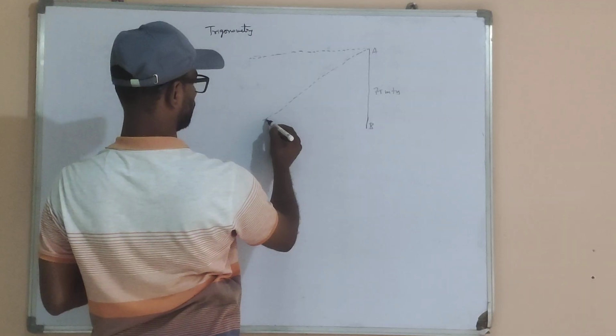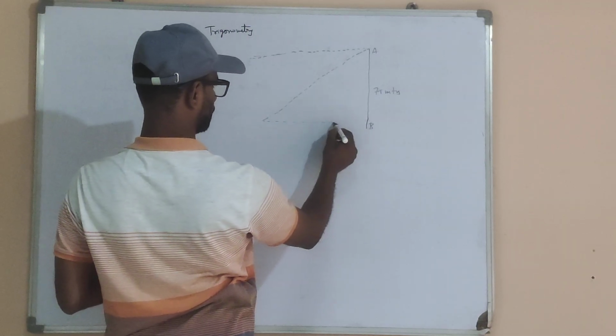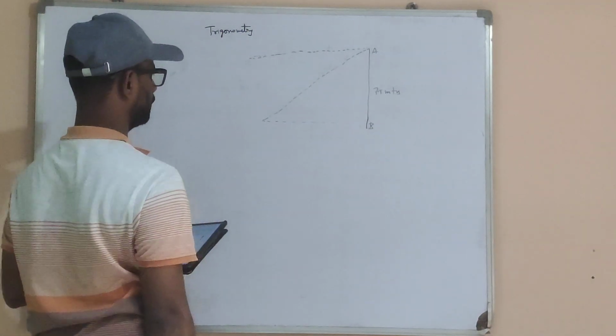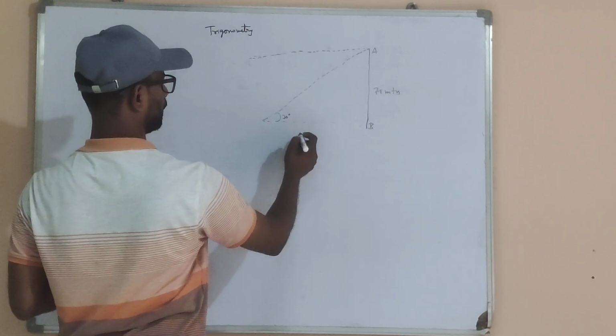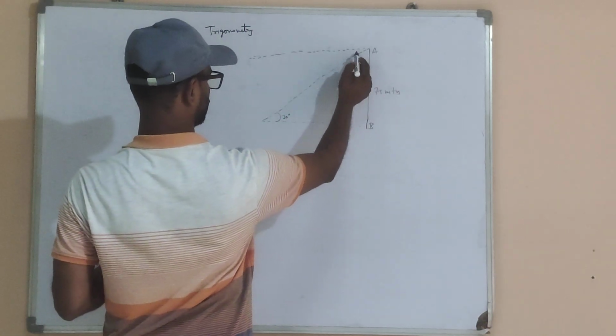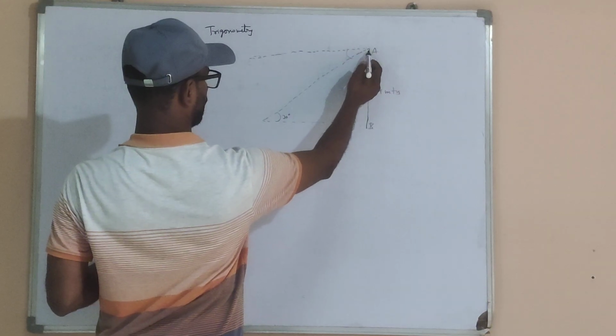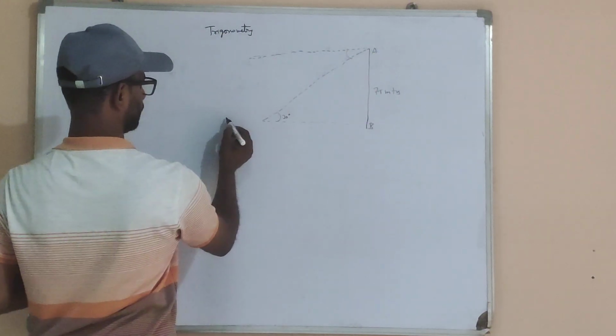So this is one ship, this is 30 degrees. And another ship is here.